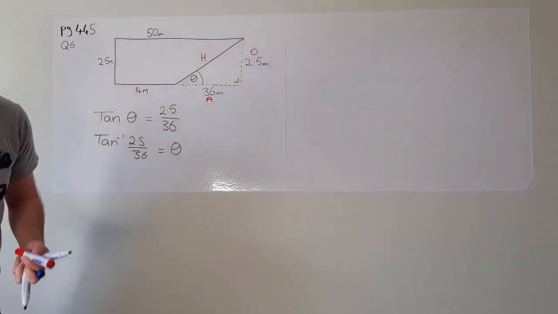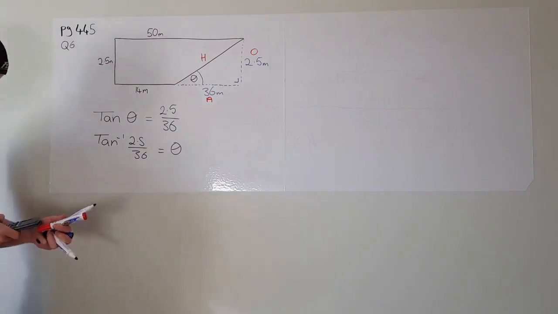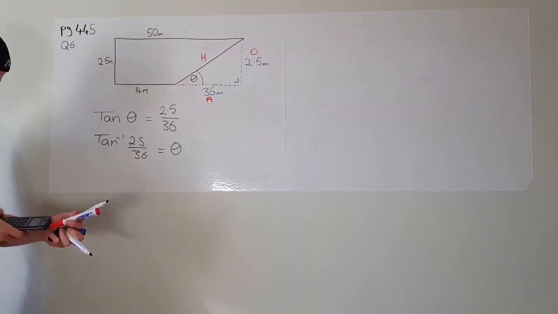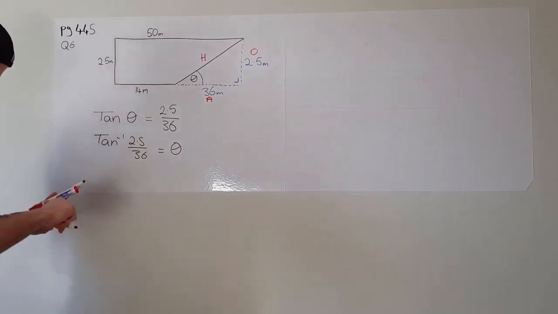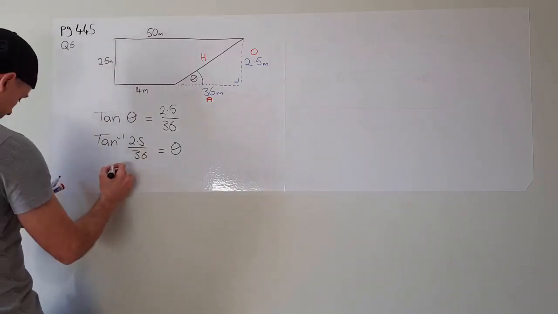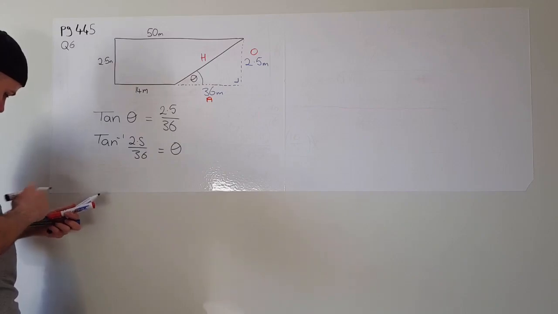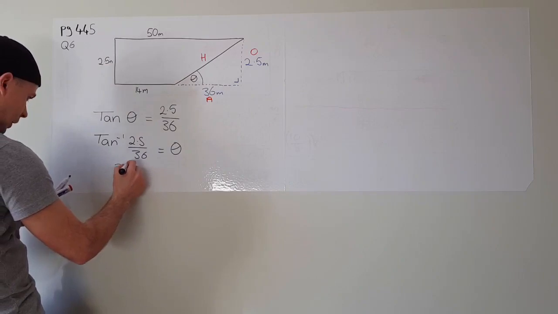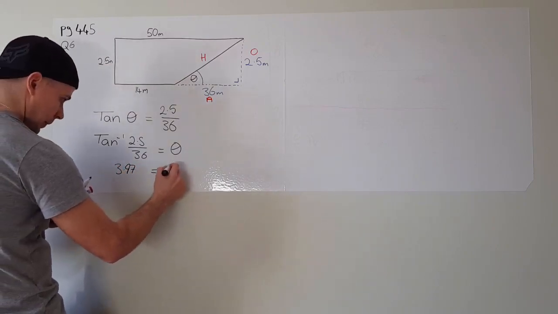Again, fire that into your calculator. So shift tan will get you your tan inverse, 2.5 over 36, and that is going to give me 3.9724, which is equal to theta.